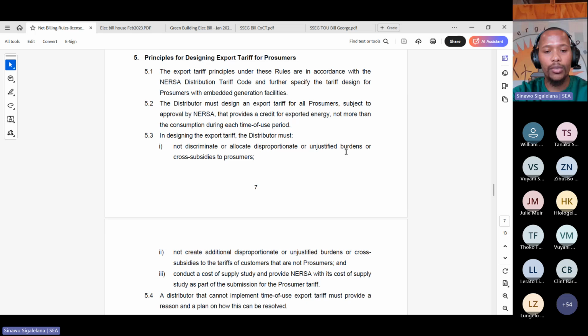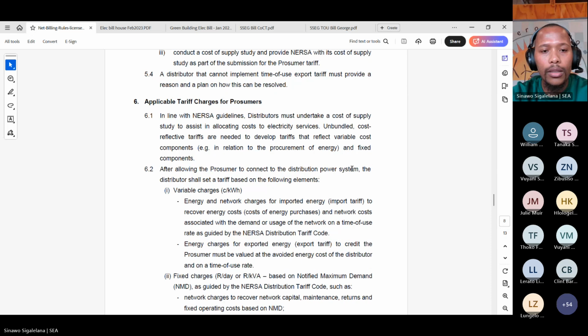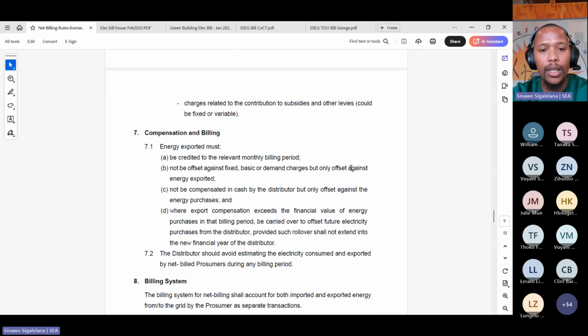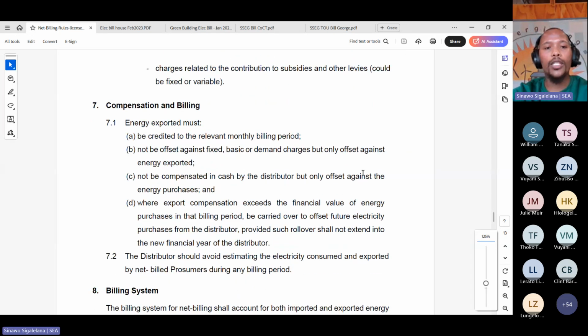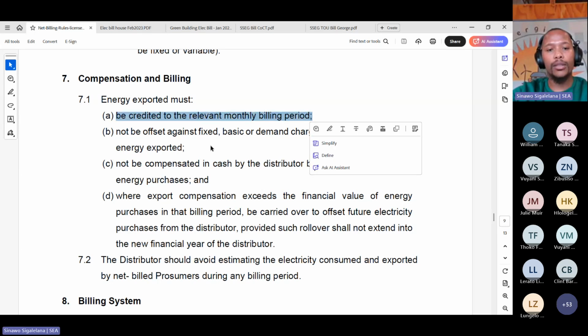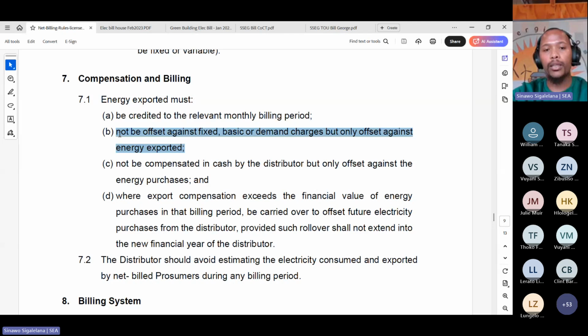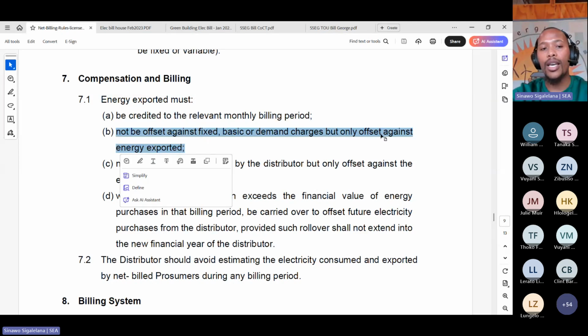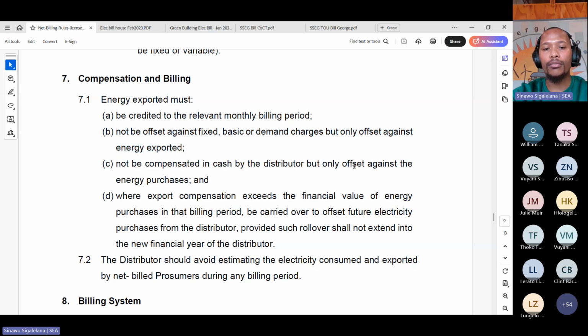So these rules I've already spoken about. There we go. You see in compensation and billing, colleagues, here. I've already shown this, but I'll show it again. You credit on the relevant monthly period. Not to be offset against fixed basic or demand charges, but only against energy exported.